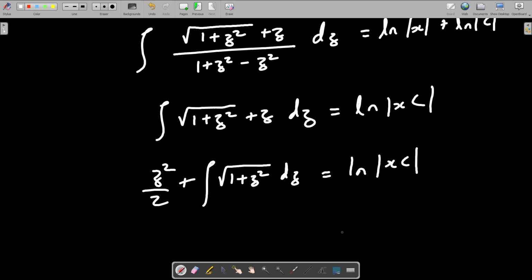So this will become x by 2 root over x square plus a square plus a square by 2 log of x plus this one. Yeah, so this is the integral.